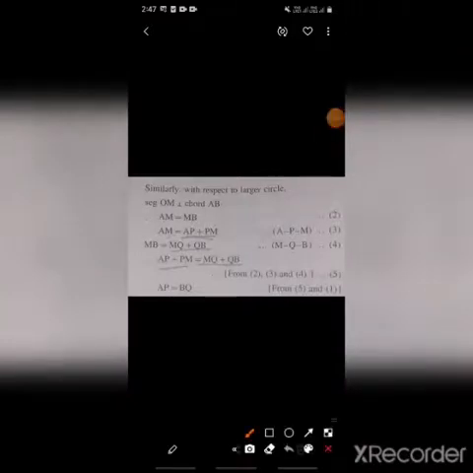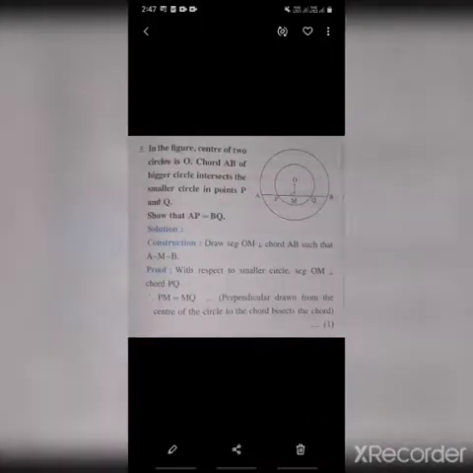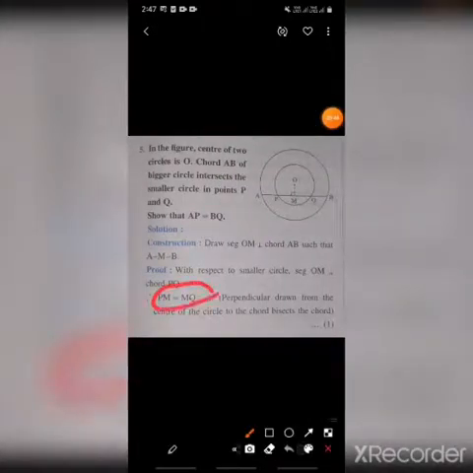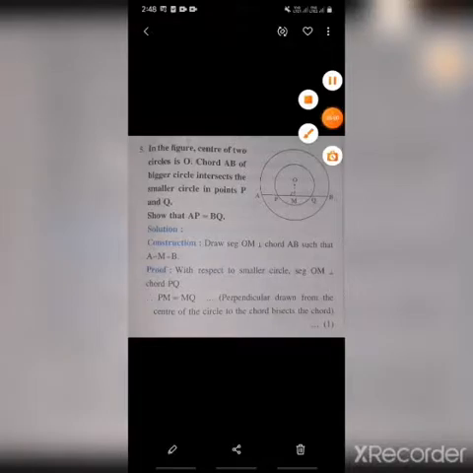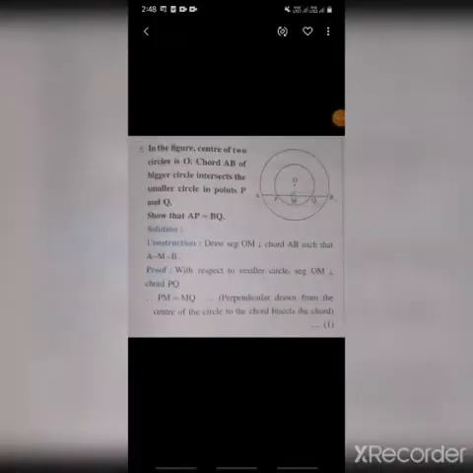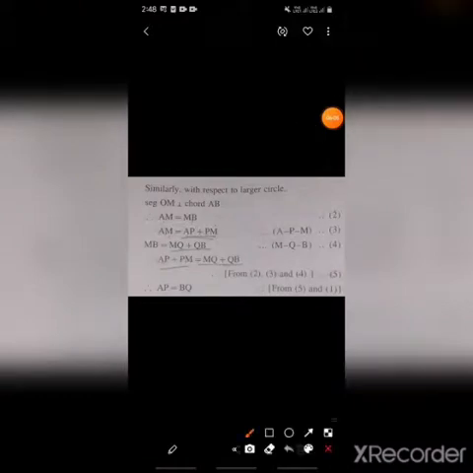Similarly, with respect to the larger circle, OM is perpendicular to AB. In the first explanation, we wrote OM is perpendicular to PQ, but when we explain the larger circle, OM is perpendicular to AB.